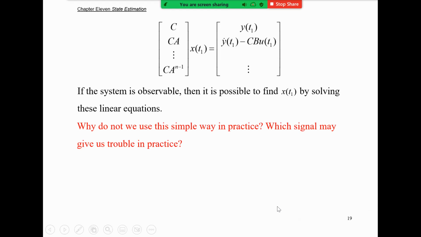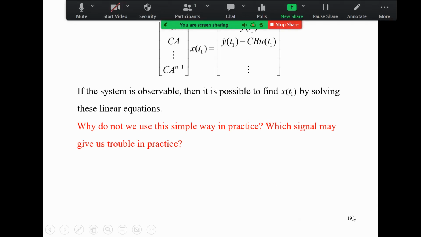But nobody uses this in practice to estimate the state vectors. There is a good reason for that. If you use this way, there are some signals which can give us trouble.